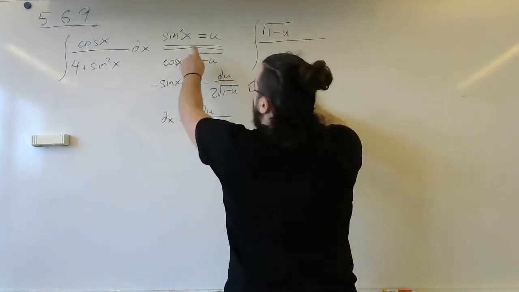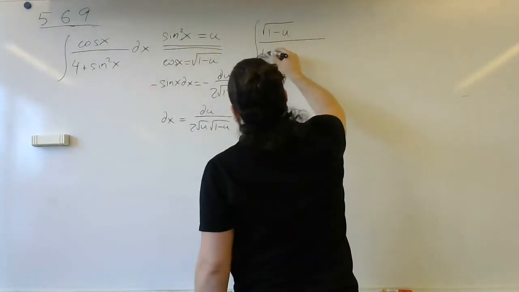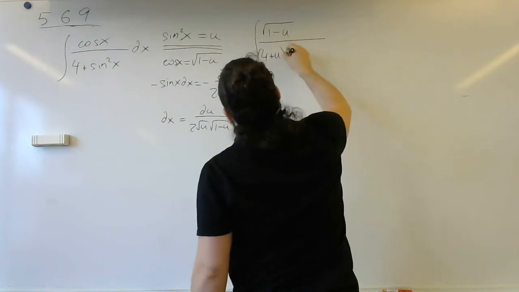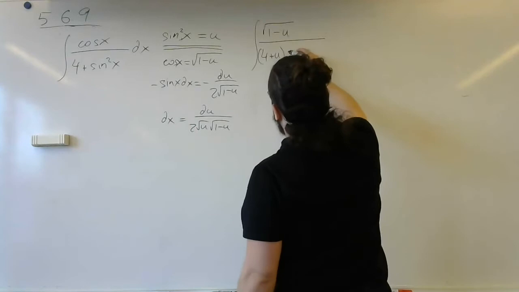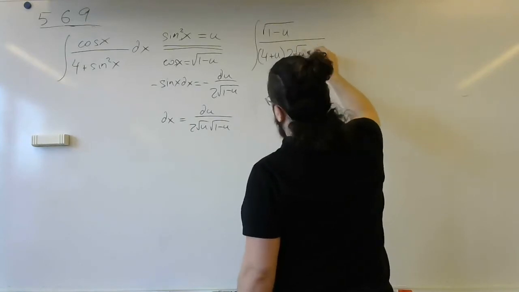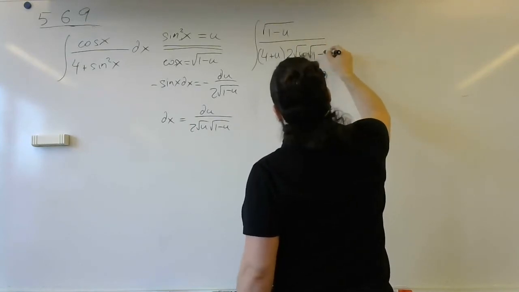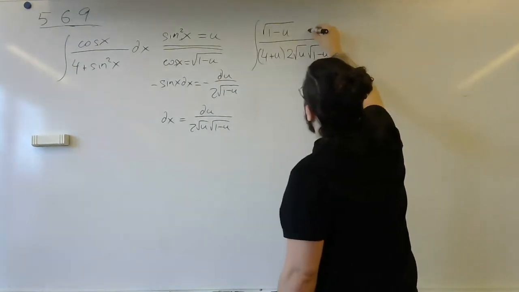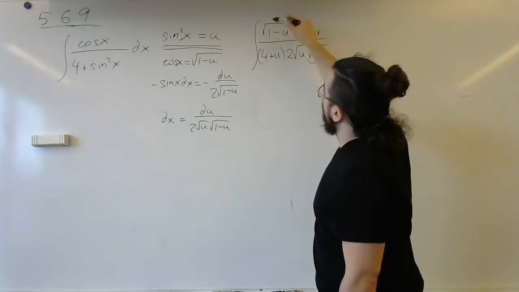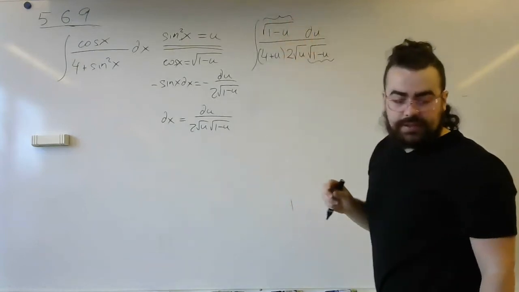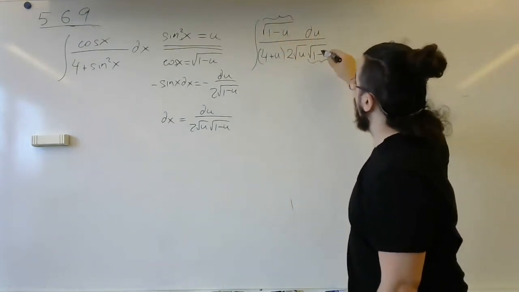We have 4 plus u here. And now when we multiply by the differential, we have 2 square root of u, square root of 1 minus u. Okay, here at least, these two things are going to cancel out. So we are already doing something.